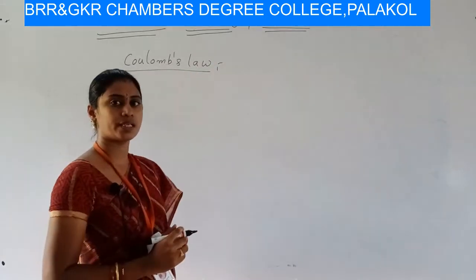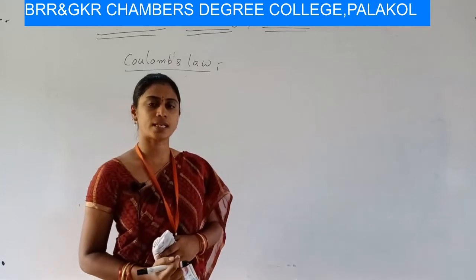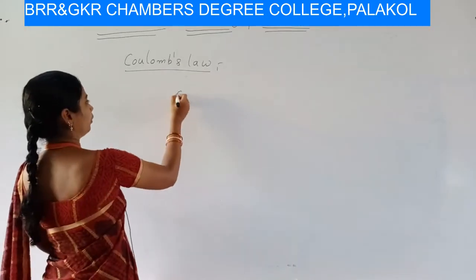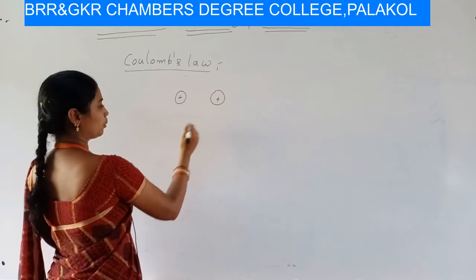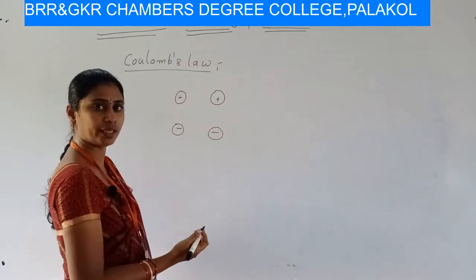This Coulomb's law is applicable for two stationary point charges when they are separated by a fixed distance. Here we know two like charges, means two positive charges or two negative charges, there is always a repulsion.